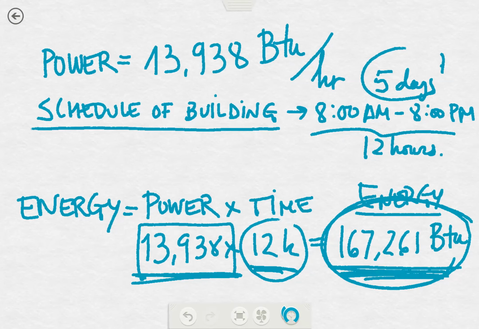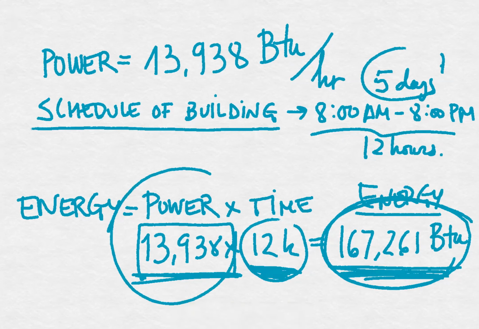They don't specify power. We can have a boiler or a heating system with a high power, but depending on how many hours we are running this boiler, we can pay more or less money because we are paying in terms of energy. We are not paying in terms of power.